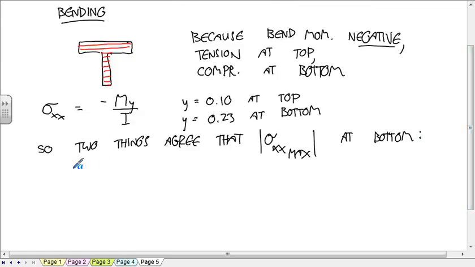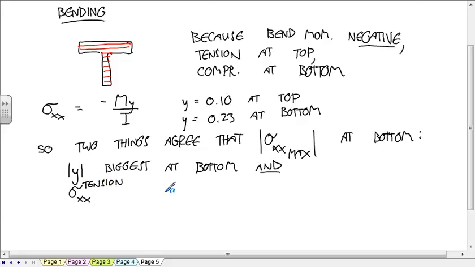And those are the absolute value of y is biggest at the bottom, and the one due to tension and the one due to bending are additive at the bottom, right?